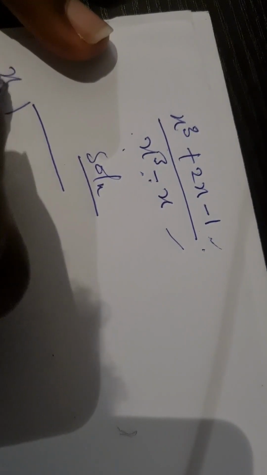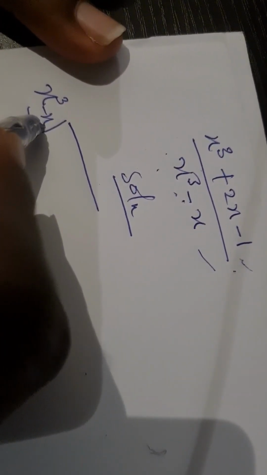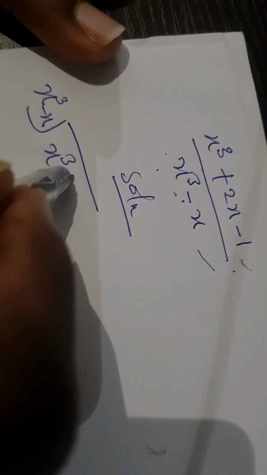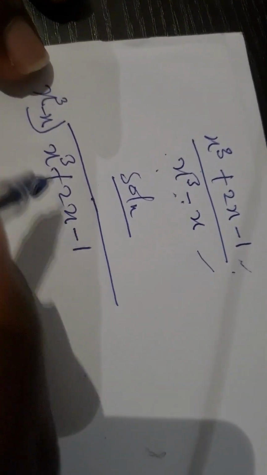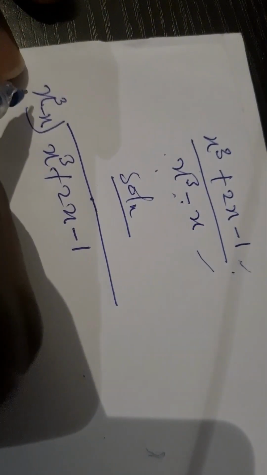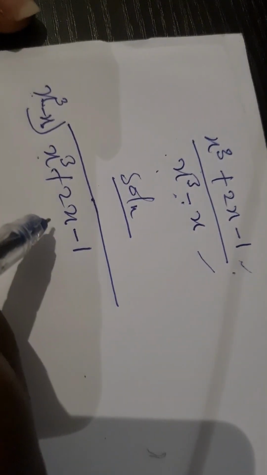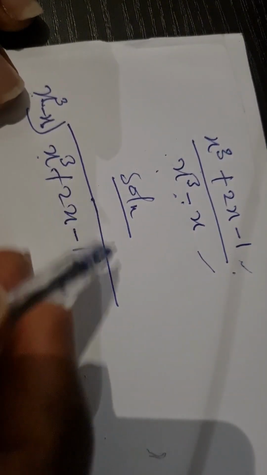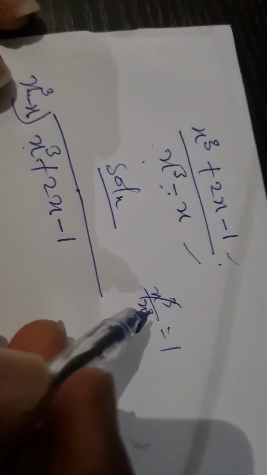So you have x cubed minus x, square root of x cubed plus 2x minus 1. So for this, x cubed divided by x cubed is equal to 1, right?